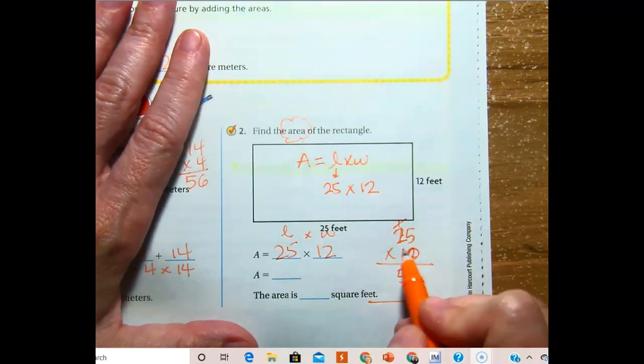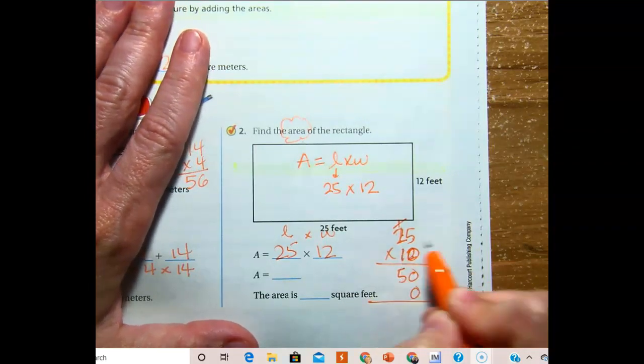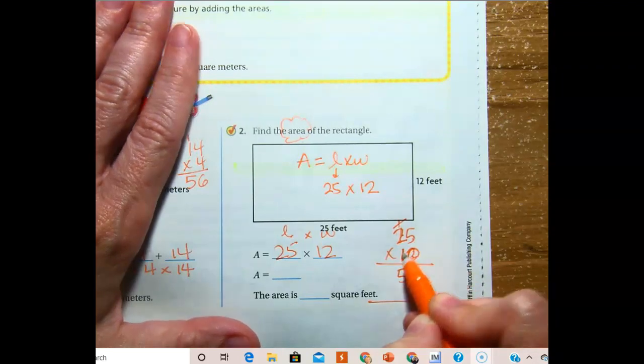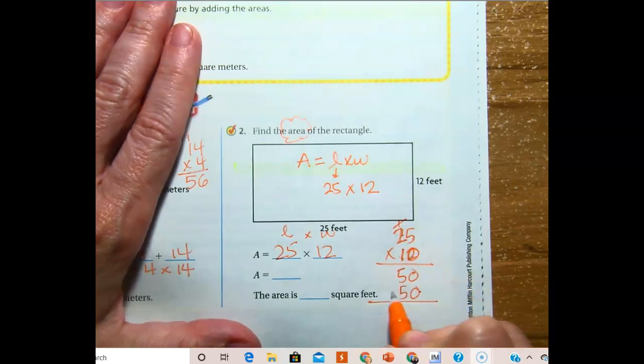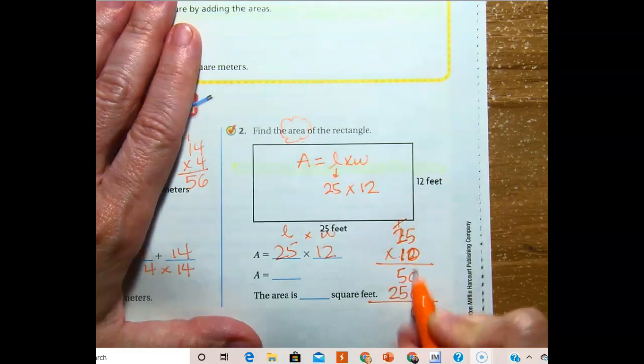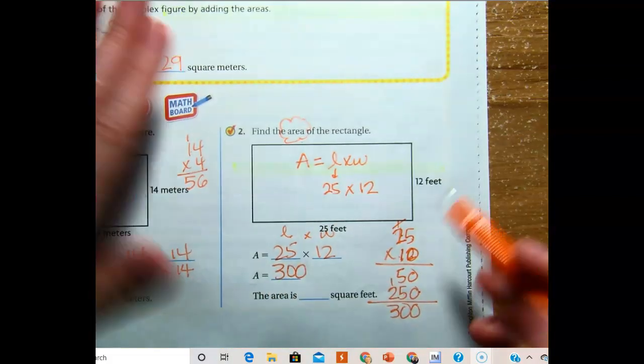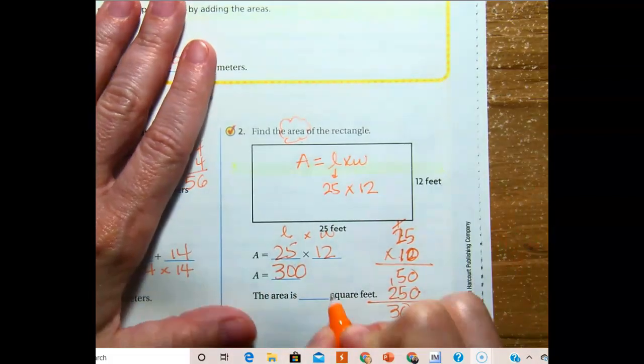In this position, 1 means the value of 10. So we wrote our 0 here as our placeholder. 5 times 1 is 5. 2 times 1 is 2. Let's go ahead and add this together. 5 plus 5 is 10, and then we have 300. Wow. This would be 300 square feet.